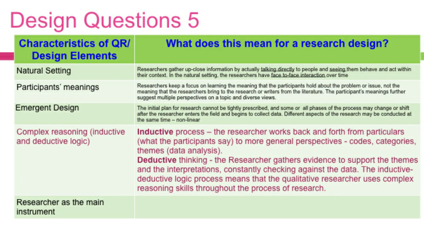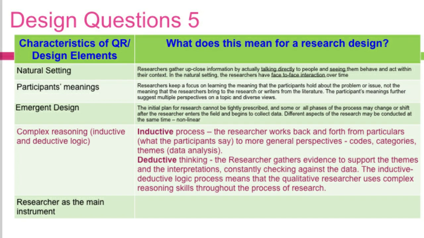Deductive thinking, however, is usually the province of the scientific method, where you work from a hypothesis, a big thing, a hypothesis or a theory, and you try to find instances of that to support it. What we do in qualitative is a lot of inductive process. But at the level where you are developing themes and something like pseudo-theories and so on, you are also engaging in deductive thinking. So it's a complex reasoning process that you are getting involved in.